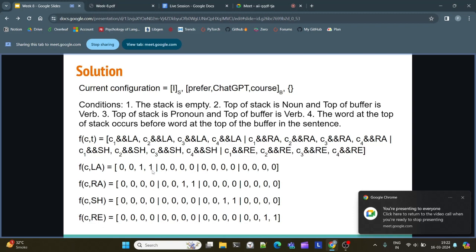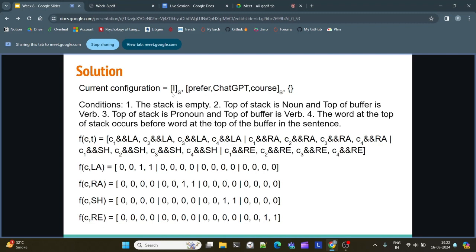Similarly, next let's see the fourth condition: the word at the top of the stack, which is I, occurs before the word at the top of the buffer, which is prefer, in the sentence. Does I occur before prefer in the sentence? Yes, it indeed does.